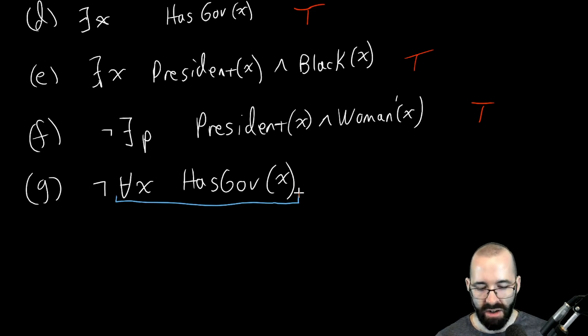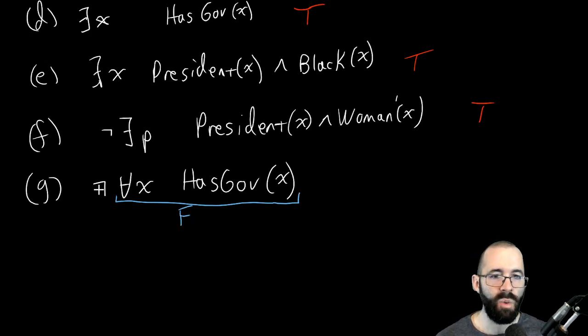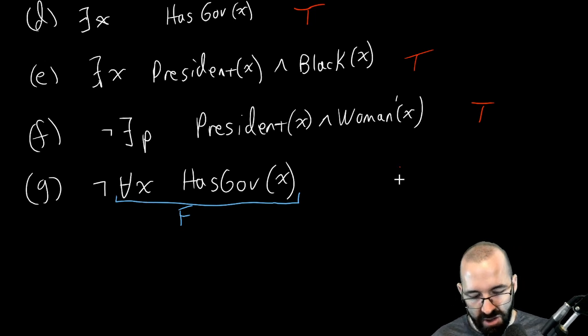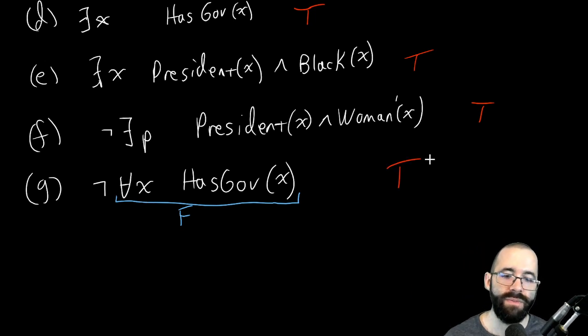Oatmeal does not have a governor. So this part is false. And then we just combine it with this unary operator. Unary because it's only applying to one proposition instead of things like XOR, which applies to two propositions. That would be a binary operator. So this one is now true. So these are all true.